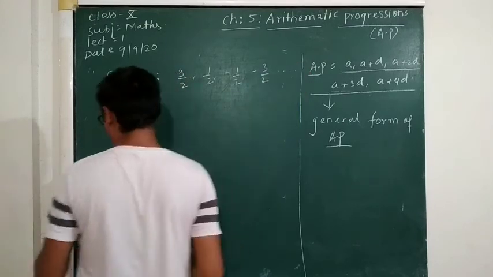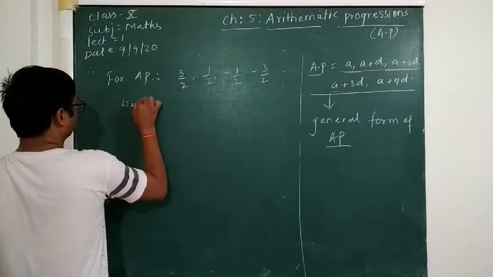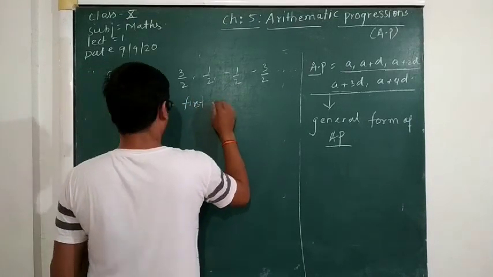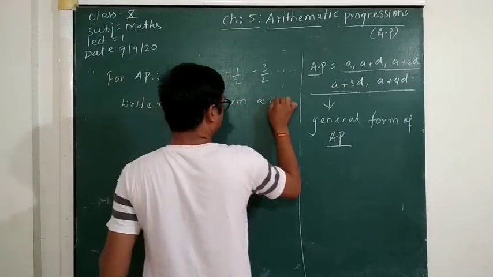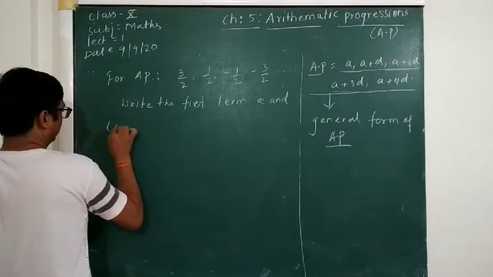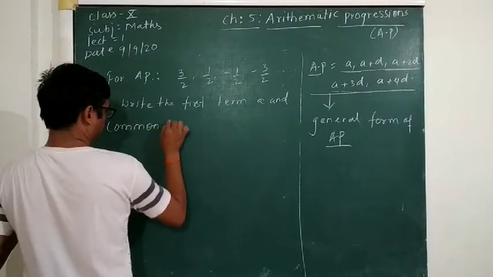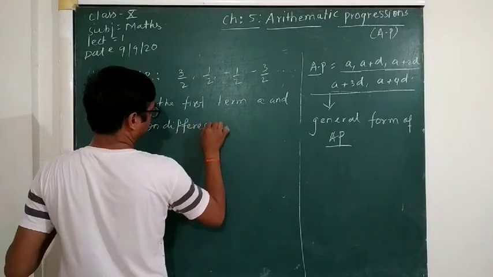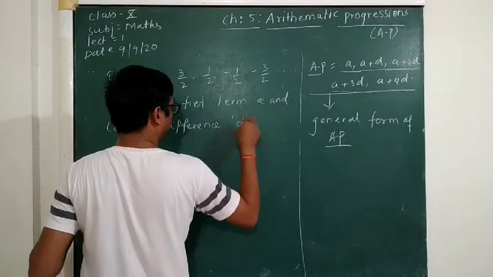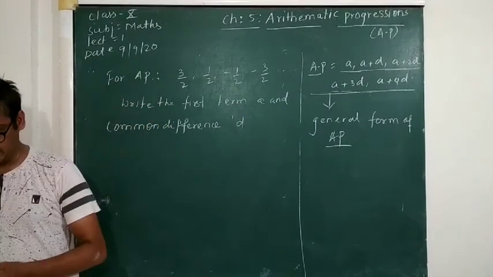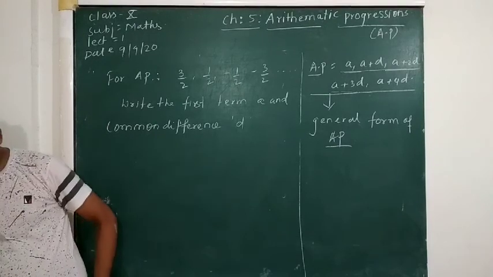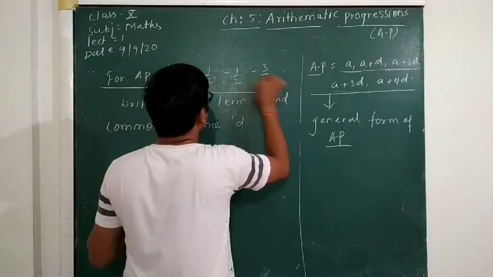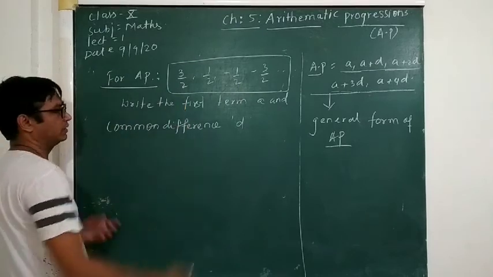We have to write the first term A and the common difference D. So how can we find it here? We only have to write, if it is in AP, the first term and the common difference.